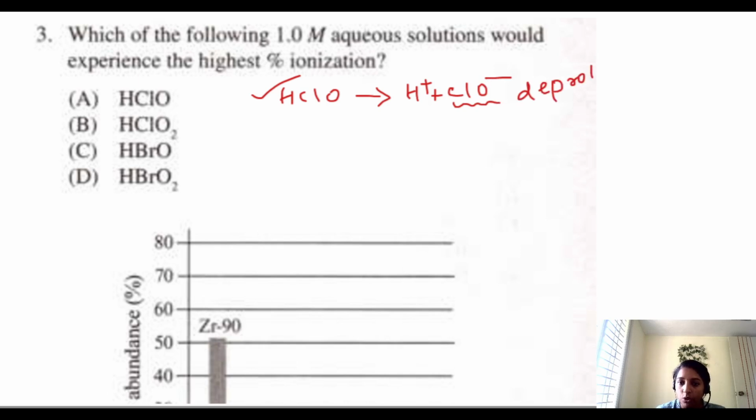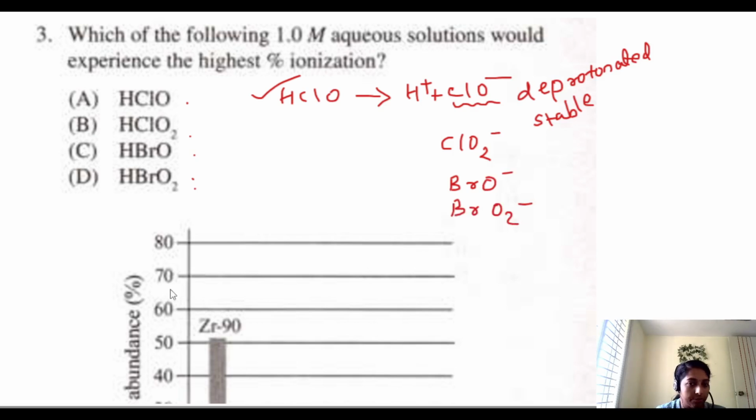If the deprotonated form is stable, then they are okay with that, they are ready to give that H plus. Their percentage will be higher. So you have to think which deprotonated form is more stable: ClO minus, ClO2 minus, BrO minus, or BrO2 minus.